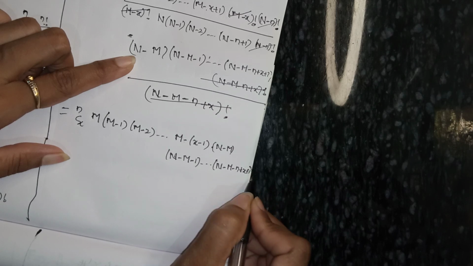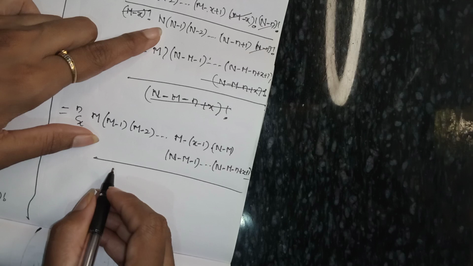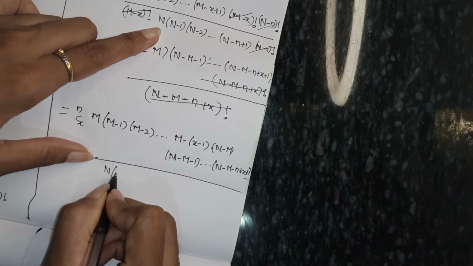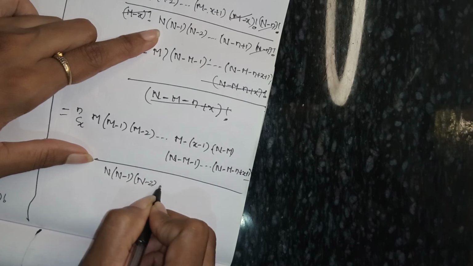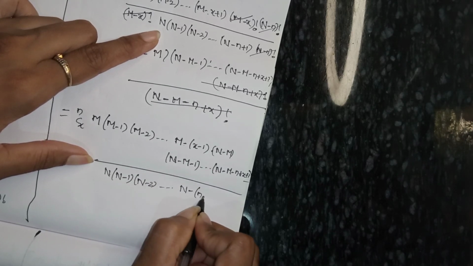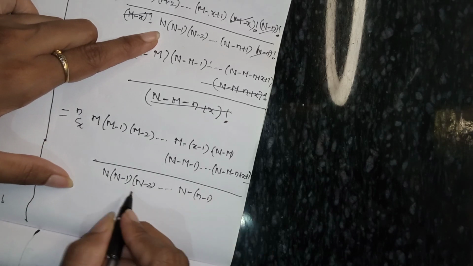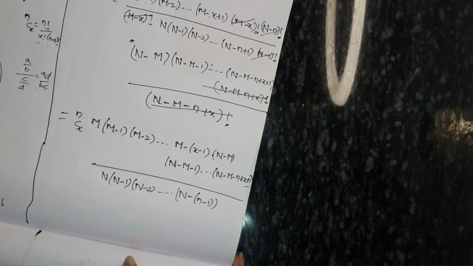Okay, whole by the remaining terms, n into n minus 1 into n minus 2 and so on, n minus 1 common. So these are the remaining terms we are having.